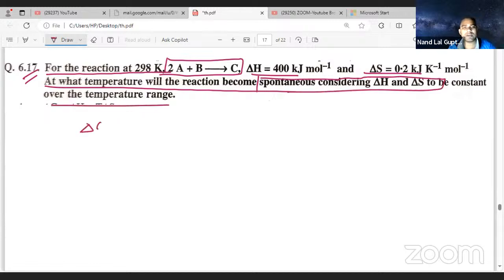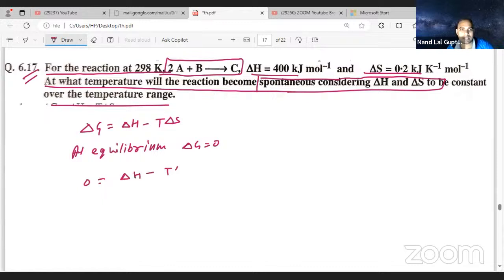So we write delta G equals delta H minus T delta S. At equilibrium, delta G is going to be 0. So 0 equals delta H minus T delta S, so delta H equals T delta S. Temperature they are asking, so T equals delta H upon delta S.